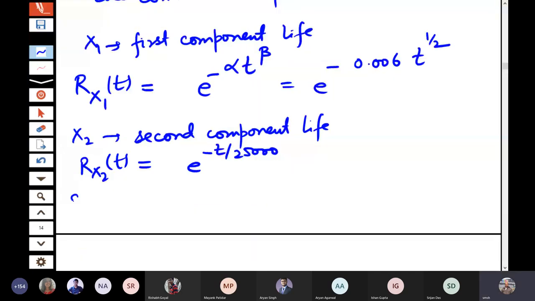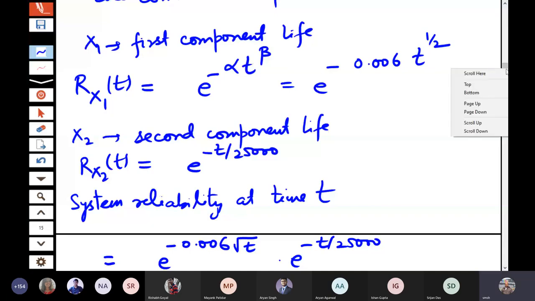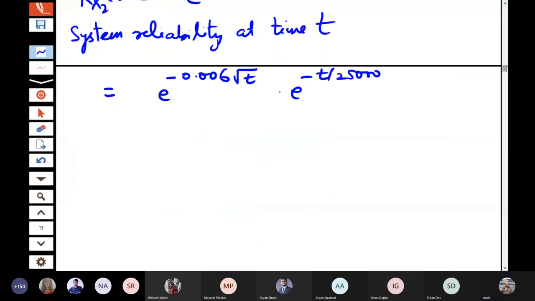System reliability at time t is the product of these two terms, that is e to the power minus 0.006 square root t into e to the power minus t by 25,000. Is that okay? Yes, sir.